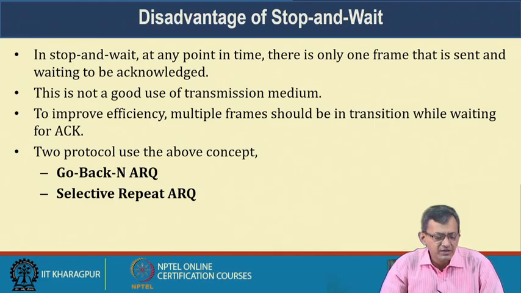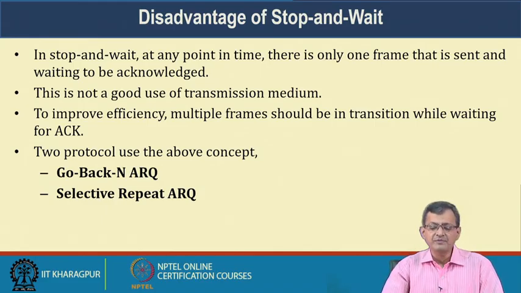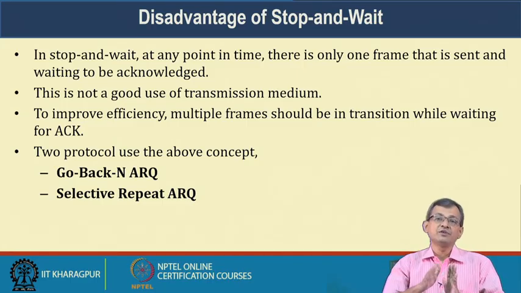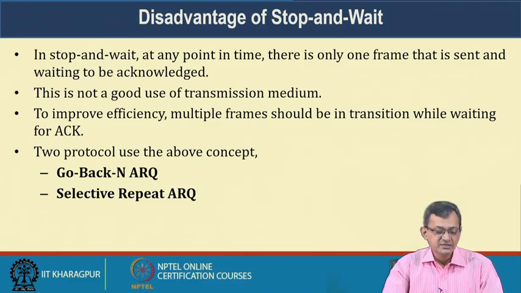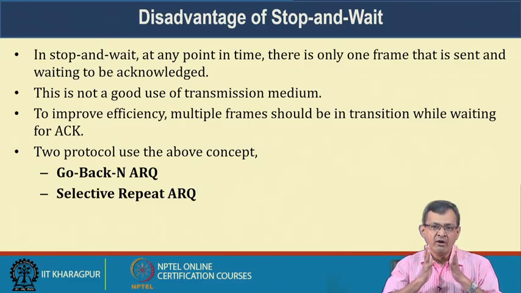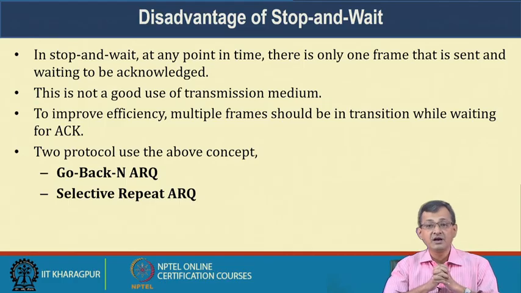Disadvantage of stop and wait: at any point of time there is only one frame sent, and then it waits for the acknowledgement, until the timeout and so on. This is not a good way of utilizing the transmission media. Keeping the media underutilized for a longer time is not acceptable.